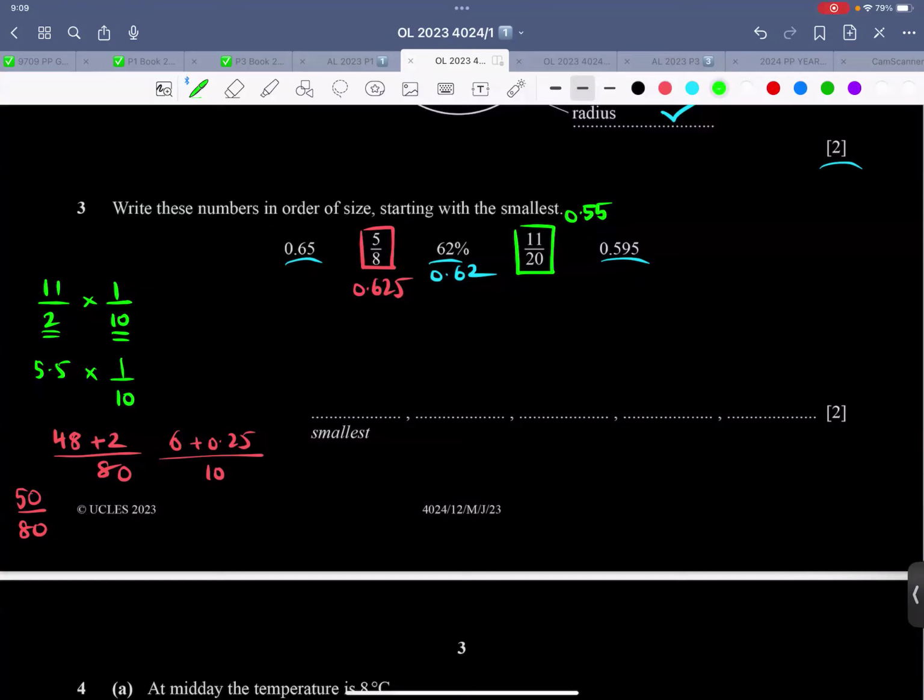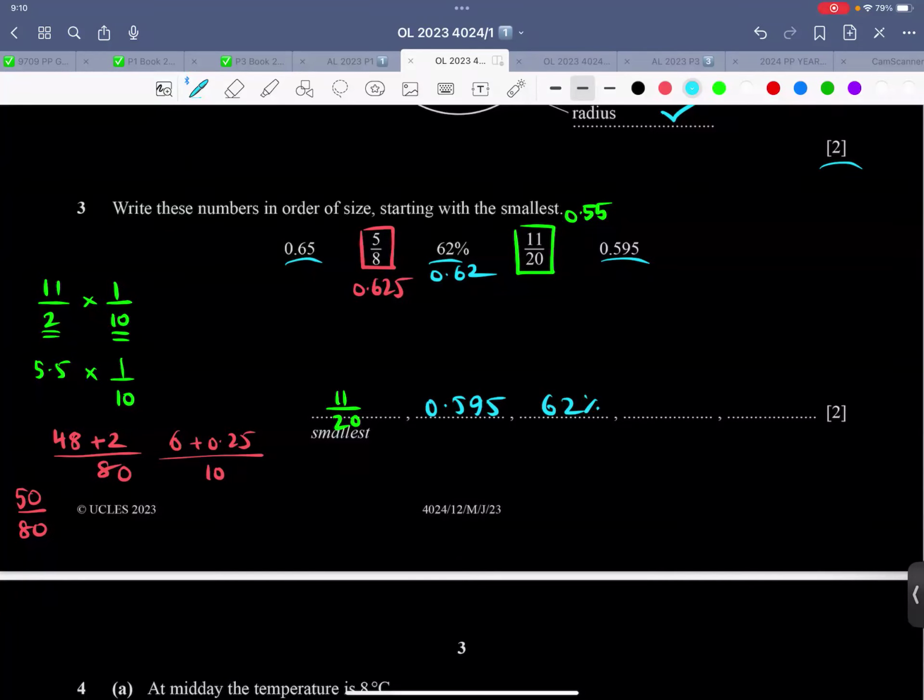The smallest one is 11 over 20. So write this as 11 over 20. The second smallest one is 0.595, which is already written in decimals, 0.595. The next one is 0.62, which is 62%. And then we have again a decimal, no, then we have 0.55.